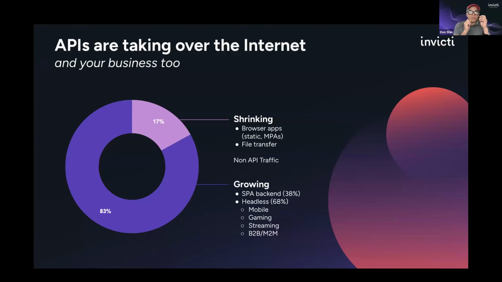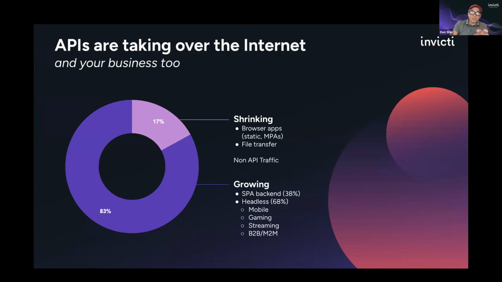These growing areas, especially around SPAs or single page applications and the API backend that drives them, as well as the really rapid growth of machine to machine headless API implementations that are driving things like mobile gaming, streaming, and especially, for our primary audience, business to business or machine to machine communication links, are really powering financial institutions, retail, health services, and whatnot.